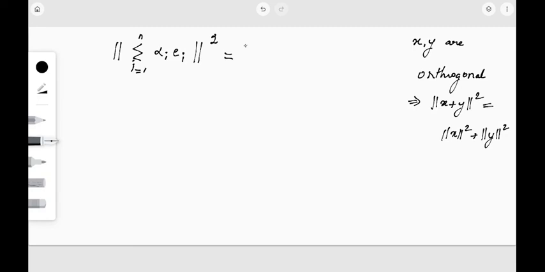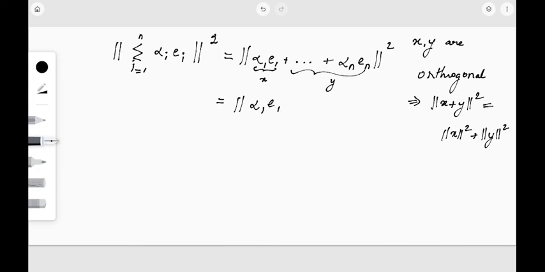So let us expand it and write it as the norm of alpha_1 e_1 plus etc. up to alpha_n e_n, whole squared. Now let us take the first term to be x and the remaining terms to be y. We are going to apply the Pythagorean theorem again and again. So by application of the Pythagorean theorem, we can say this is the norm of alpha_1 e_1 squared plus the norm of alpha_2 e_2 plus etc. plus alpha_n e_n, squared.